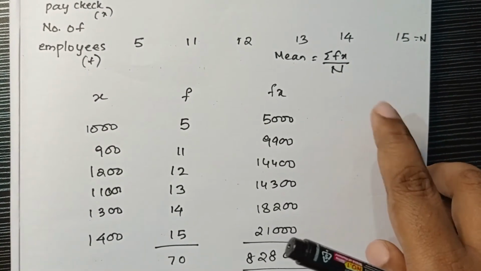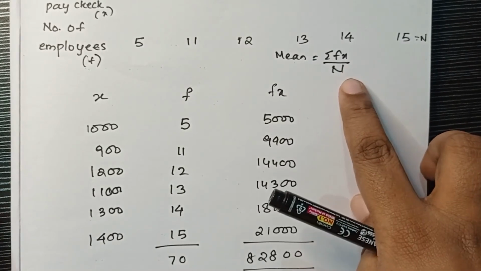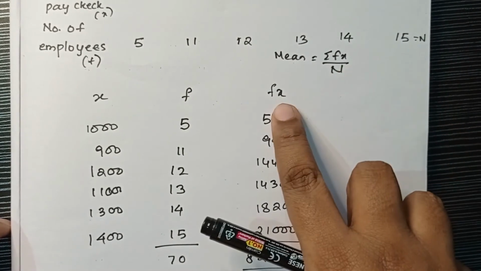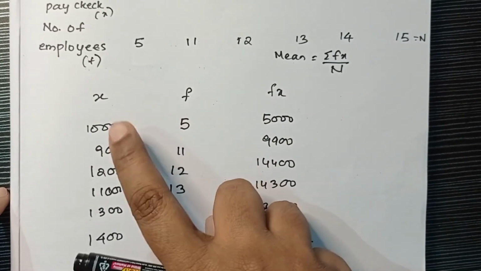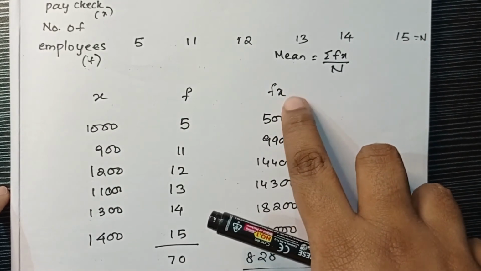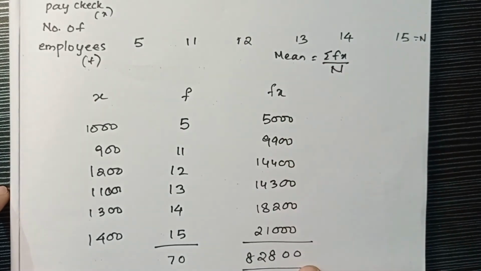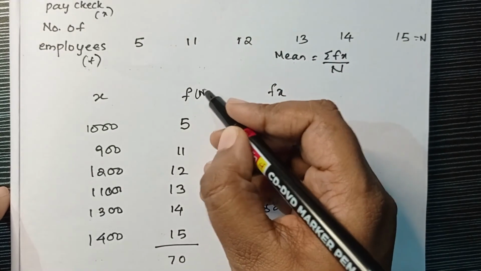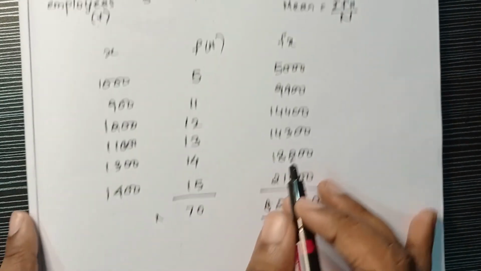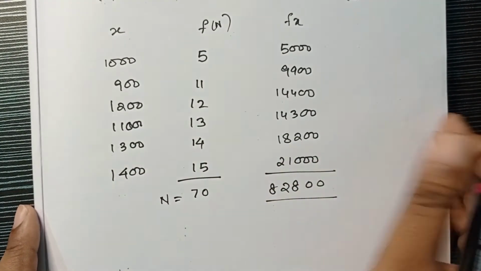The main important thing in any practical problem is that you have to learn the formula. So it is summation fx by capital N. We have got summation fx, that is f into x. We multiplied f with x, so we got fx, and now we have to take the total of that and the total of the frequency, which is n, equal to 70.